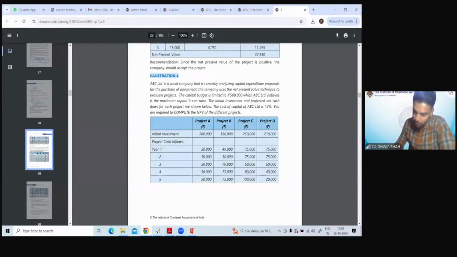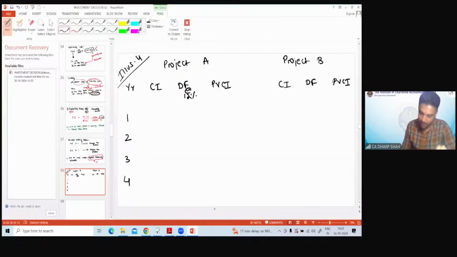Cash inflow for project A is 50,000. And sorry, the life is 5 years. And the cash inflows per annum are constant, so we can directly multiply it by PVAF. It is constant at 50,000, so no need to prepare entire table.